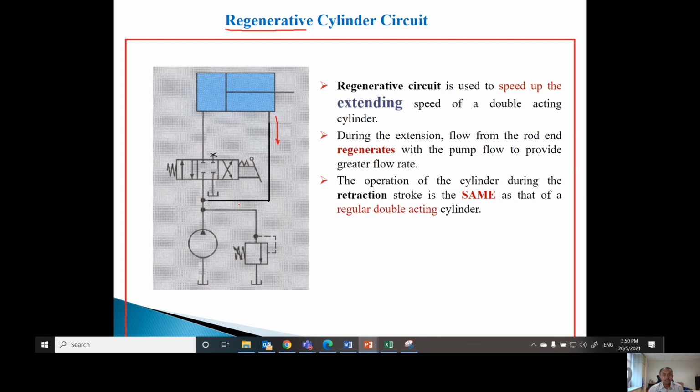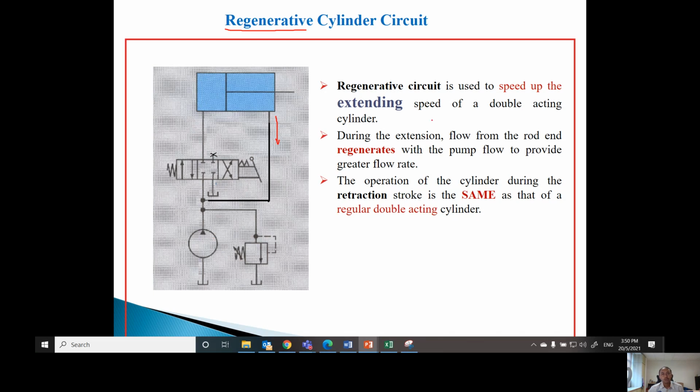But for the regenerative type, the oil leaving from the cylinder will now be fed back to the supply part of the DCV, and therefore it will be used again together with the oil coming from the pump itself.